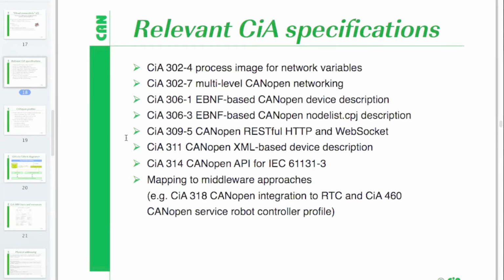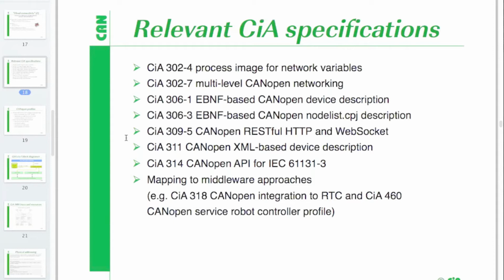There are plenty of specifications available for now. We have network-based access to data in the CANopen network. We have multi-level CANopen networking access. We have device descriptions and profile descriptions. We have RESTful HTTP mapping, mapping CANopen onto RESTful HTTP requests and also the WebSocket protocol.